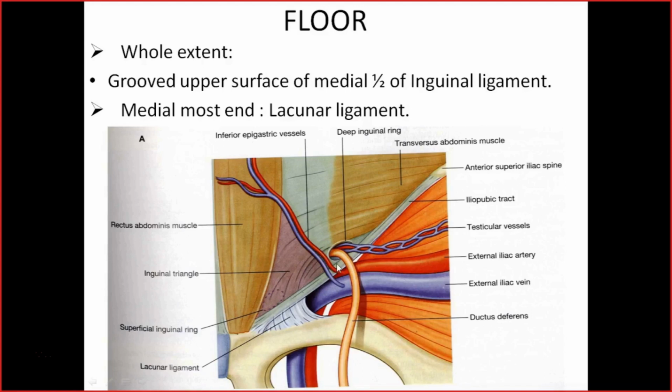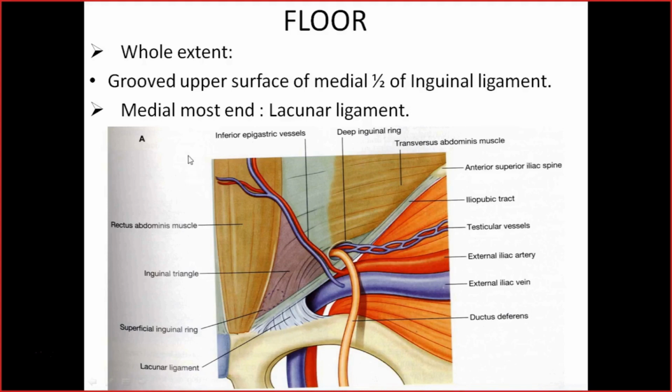So the floor is contributed only by the inguinal ligament actually, but sometimes it also has some lacunar ligament, some fibers extending from the inguinal ligament to the pubic crest. Okay, so that is also giving a minor contribution for the floor of the inguinal canal. Okay, so the floor is mainly contributed by the inguinal ligament along with the lacunar ligament.